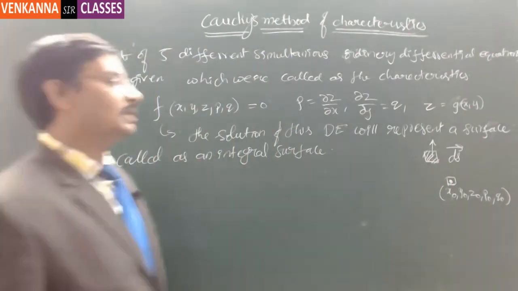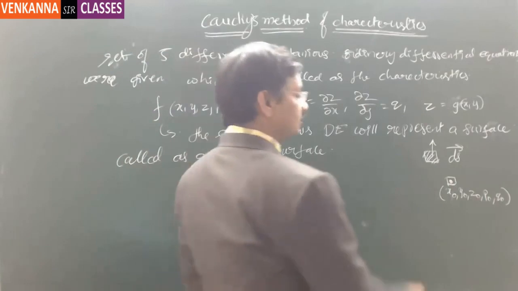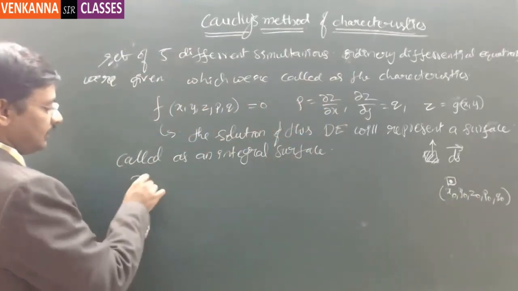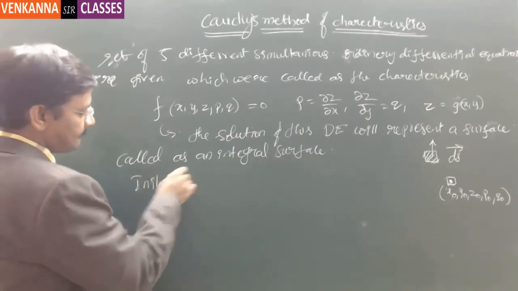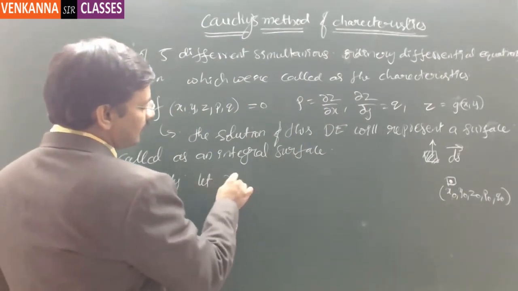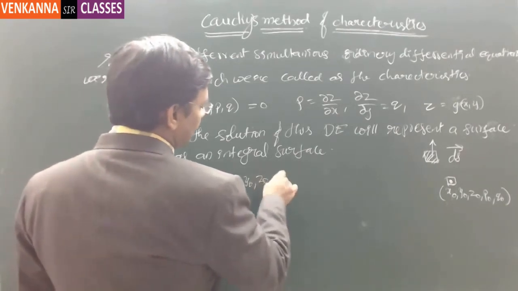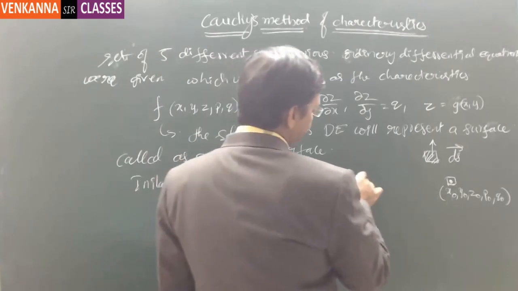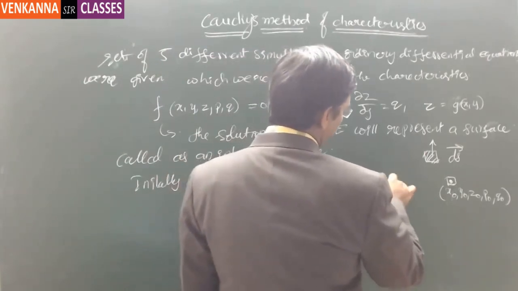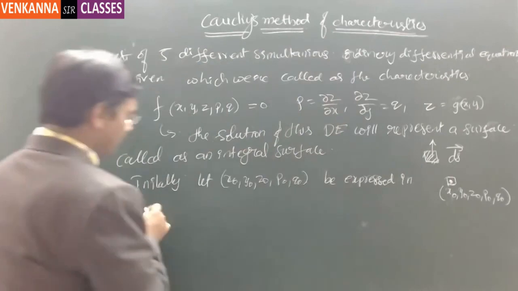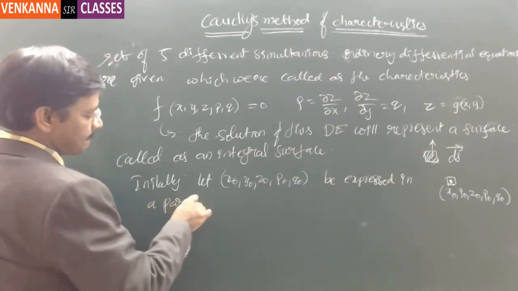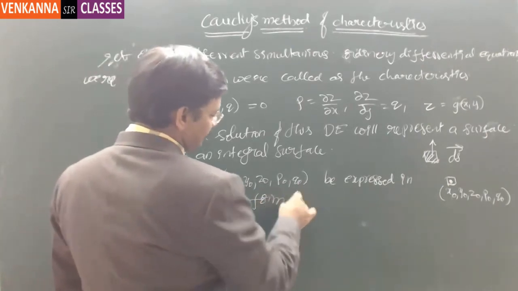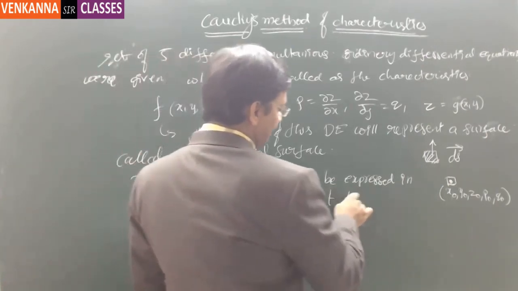For this, the methodology that is going to be adopted is, initially, we have to assume the parametric form. So let x naught, y naught, z naught, p naught and q naught be expressed in a parametric form, in terms of lambda.